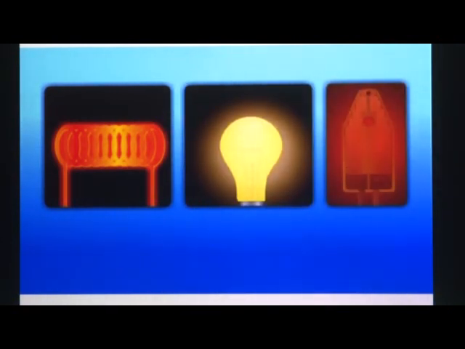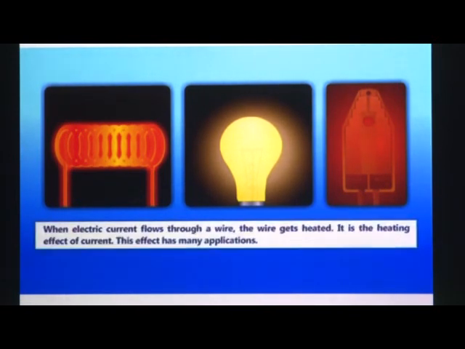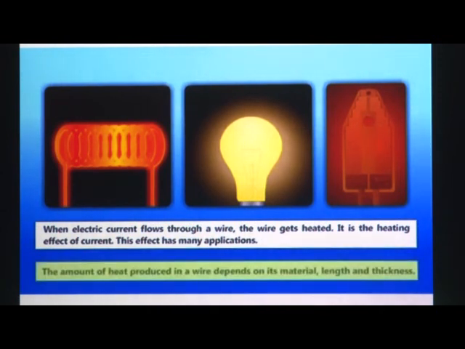All these home appliances like lamp, iron box and room heater get heated up due to electricity. The heating effect of electricity is the effect produced when electricity passes through a wire and the wire gets heated up. It should be noted that the amount of heat produced in a wire depends on its material, length and thickness.